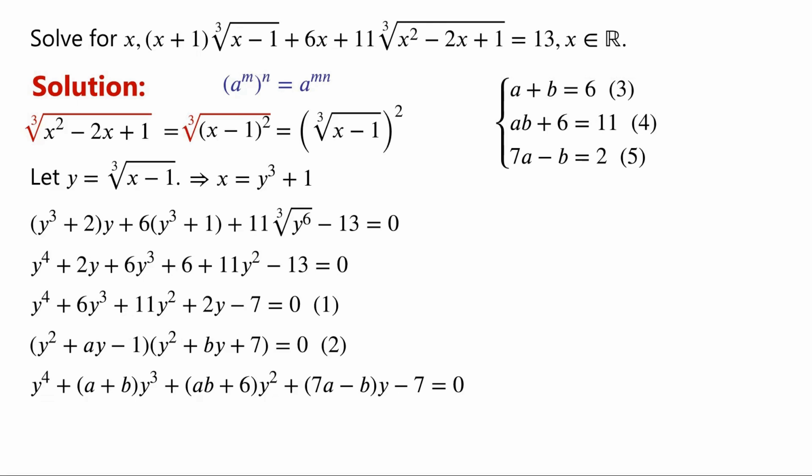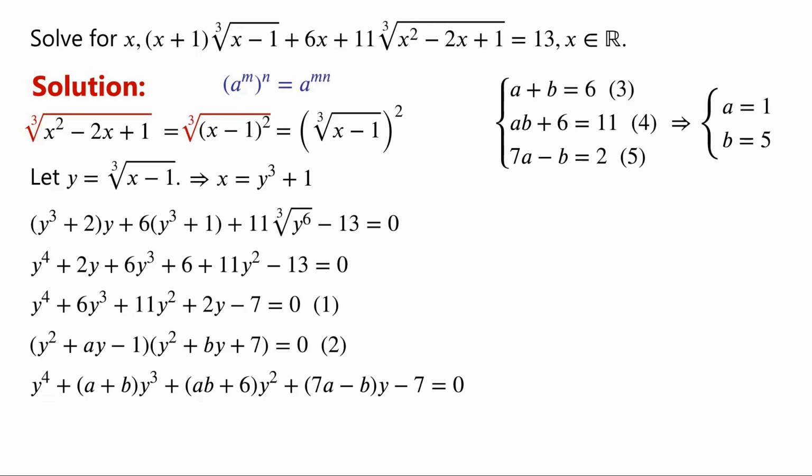And 7a minus b equals 2. We label these as equations 3, 4, and 5, respectively. Add equation 3 to equation 5, we have 8a equals 8. So a equals 1. From equation 3, we know that b equals 6 minus 1, which is 5.